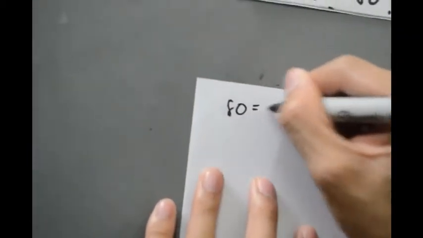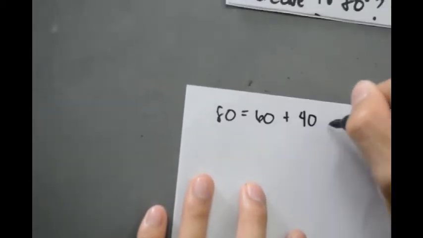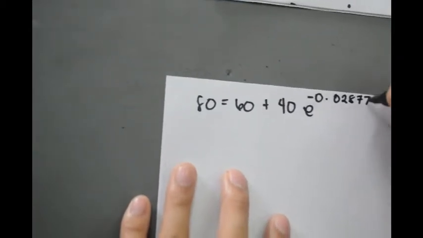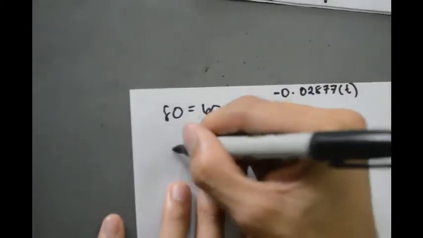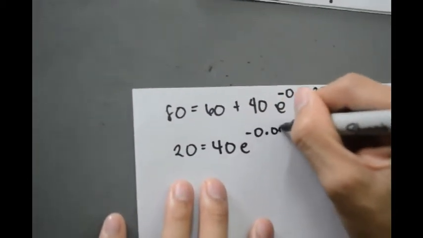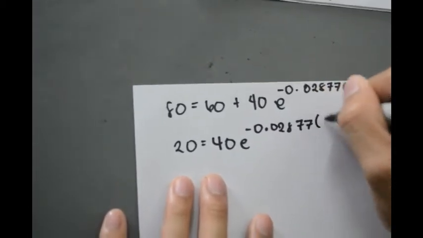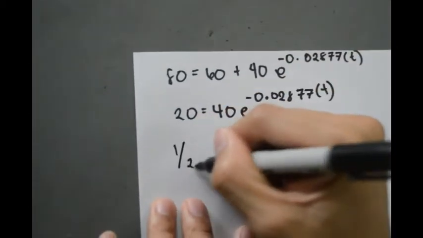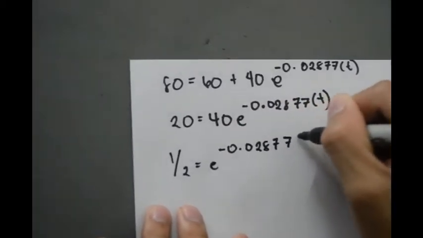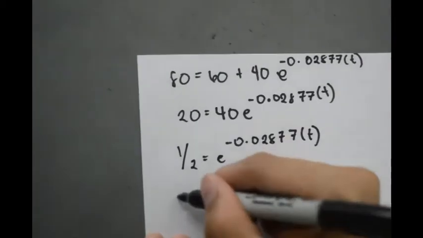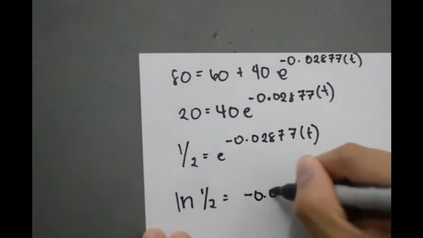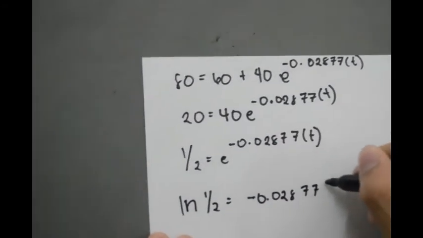80 equals 60 plus 40 e raised to negative 0.02877 times t. 20 is equal to 40 e raised to negative 0.02877 times t, so 1 half is equal to e raised to negative 0.02877 times t. ln of 1 half is equal to negative 0.02877 times t.